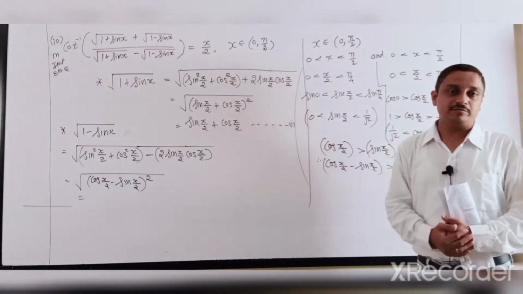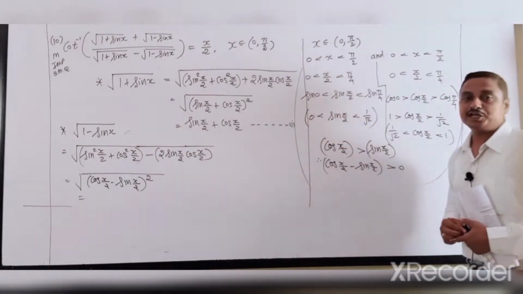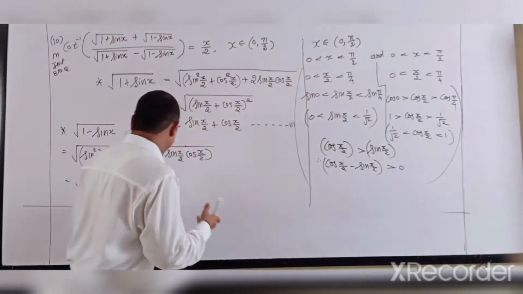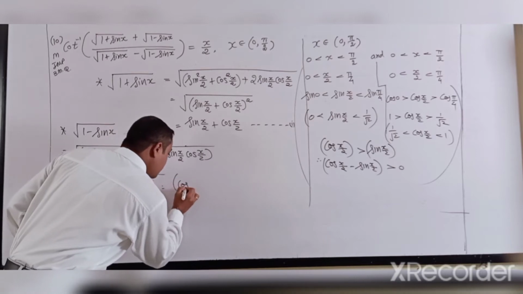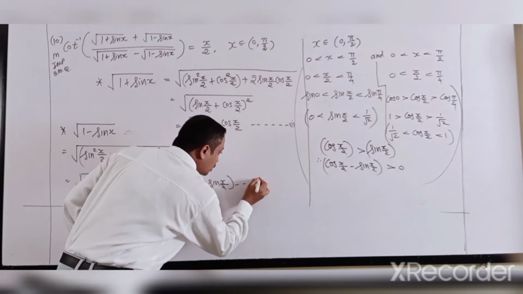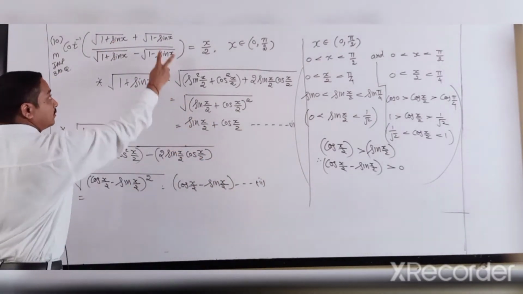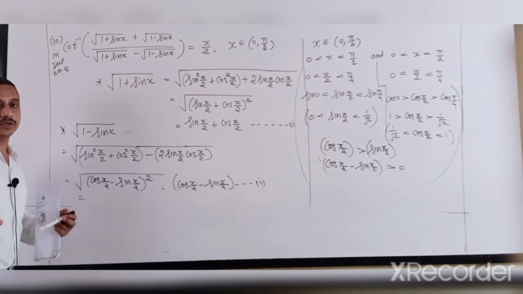It is a complex number. That's why I must check whether they are positive or not. After that you write down these steps, helping cos x by 2 minus sin x by 2, statement number 2. It means first step statement 1 is over and second step statement 2 is over.